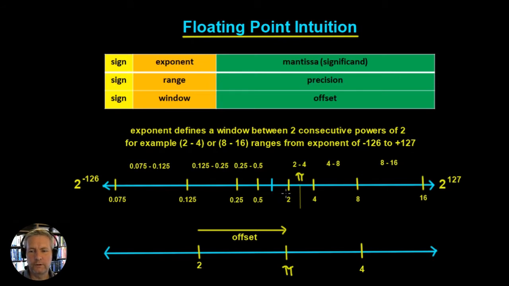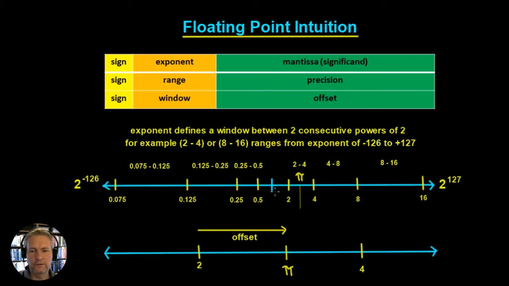So for example, we could have a window between 2 and 4 because those are powers of 2. We could have a window between 4 and 8. We could have a window between 8 and 16, 16 and 32, and 32 and 64, and so on and so forth, all the way up to 2 to the power of 127.